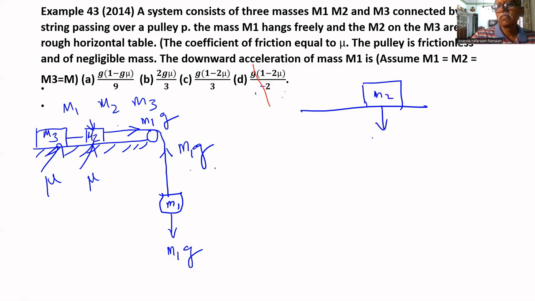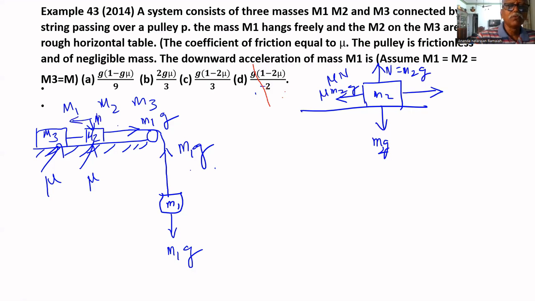Downward is M2G. Therefore, normal force equals M2G. It tends to move towards right. That's why towards left, the force is mu N, which is equal to mu M2G. Therefore, the force given by M2 towards left is mu M2G.